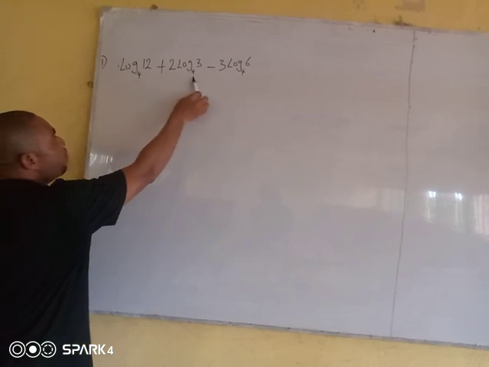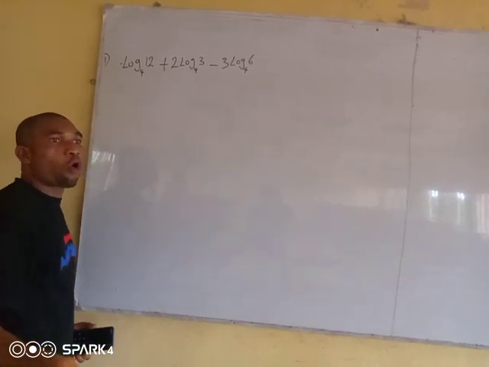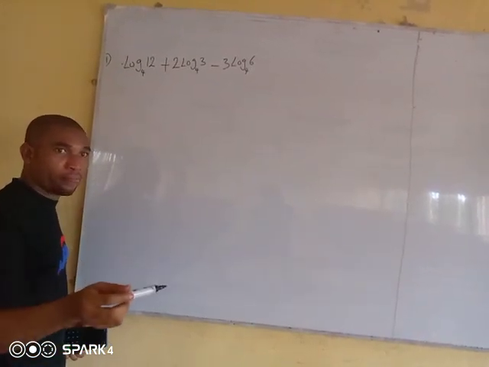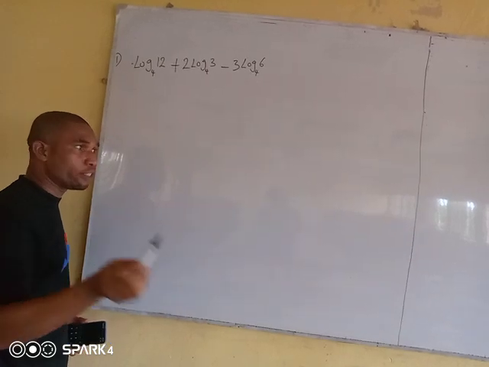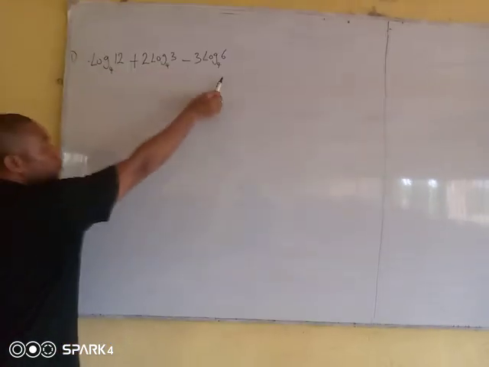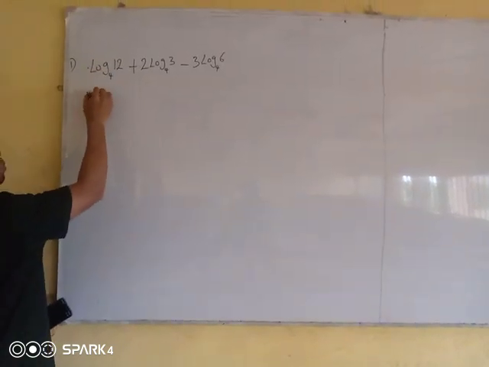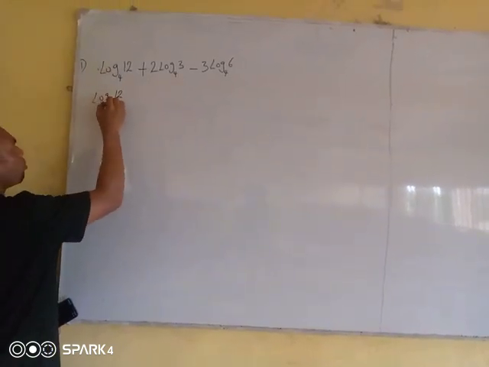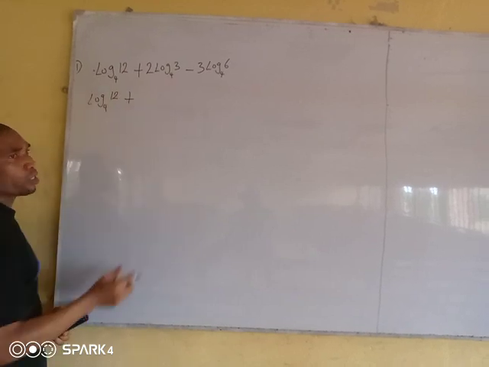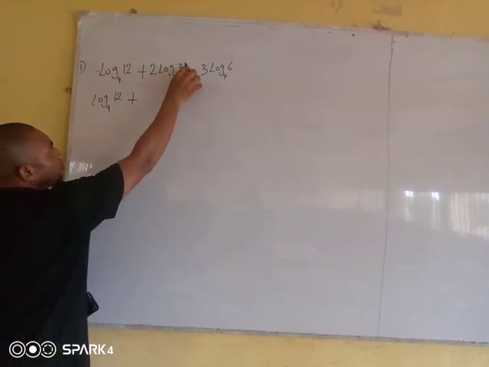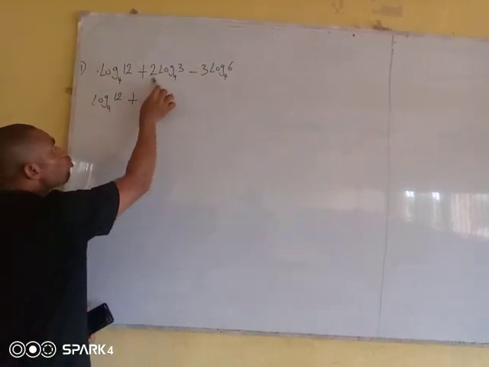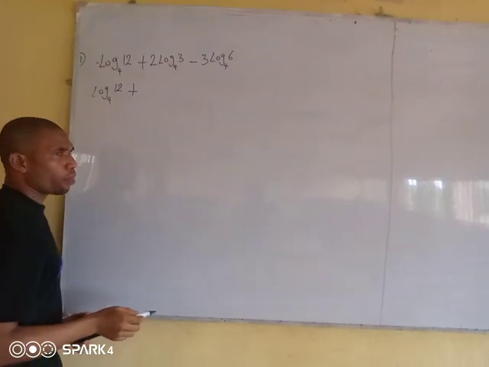If they are having different bases, we have to use the change of base law. But provided that the bases are the same, we move ahead. Now look at this. I'm having log of 12 base 4 plus, now look at this term here, 2 log 3 base 4.